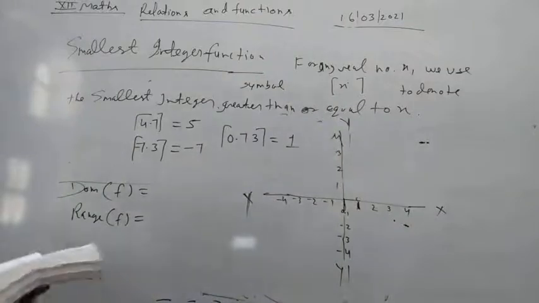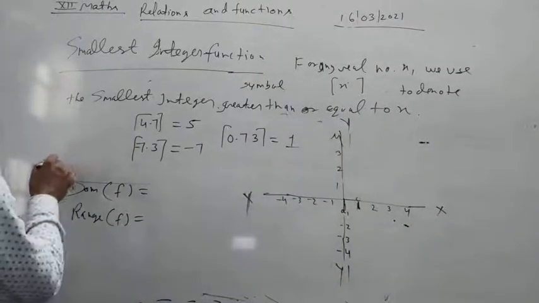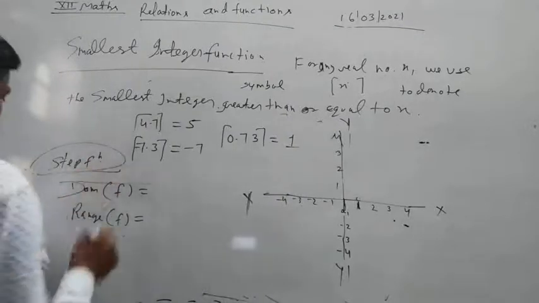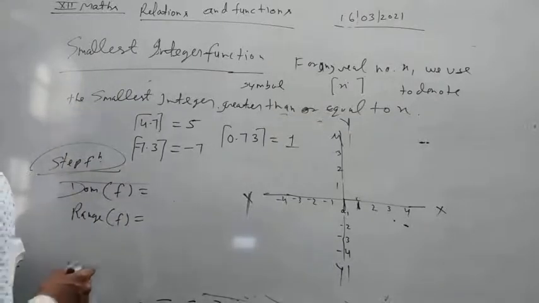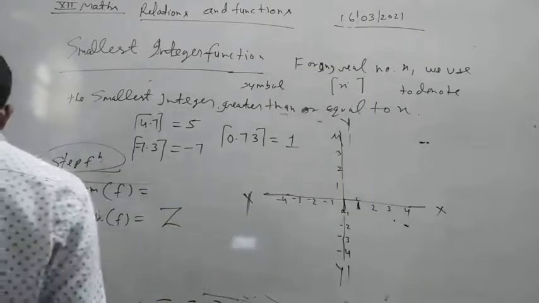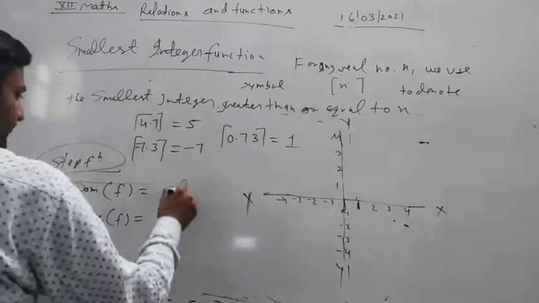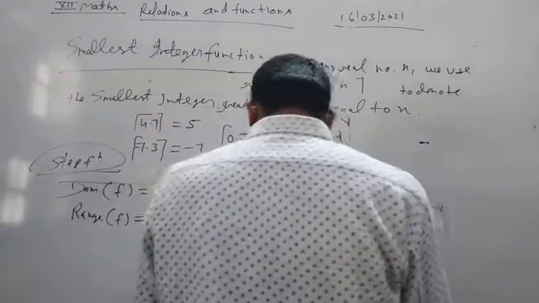Students, this function is also called a step function. Its range is the set of all integers and its domain is the real numbers. Now we see the graph, students.